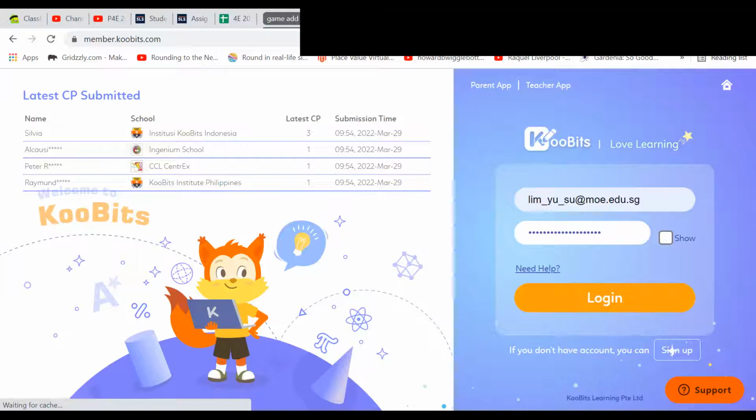To remind you as well, let's take a quick look at our Qubits login. I've just posted a new assignment on Qubits, on fractions. Some of you already saw it, well done.